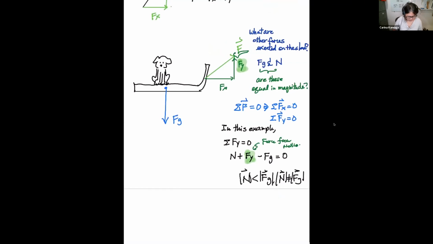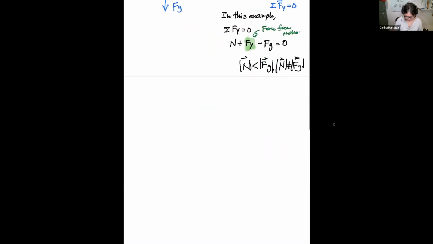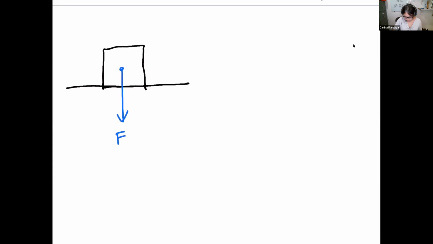Okay. So we've been doing this thing, it should be really easy. Let's think about a case of how the normal force changes on, let's say, a block of ice on a horizontal surface. Then what are the forces exerted? Gravitational force, vertically downward, and then a normal force, vertically up.